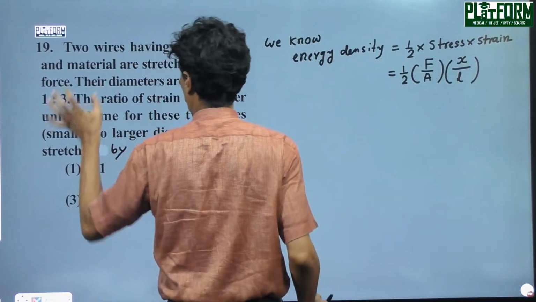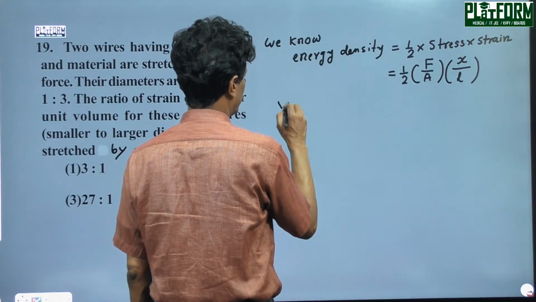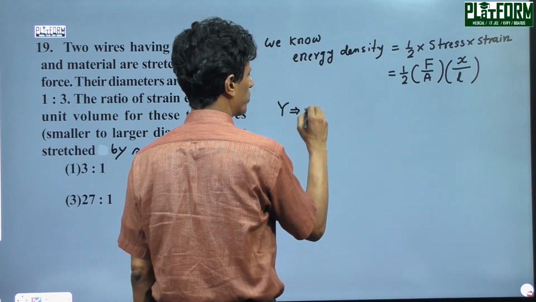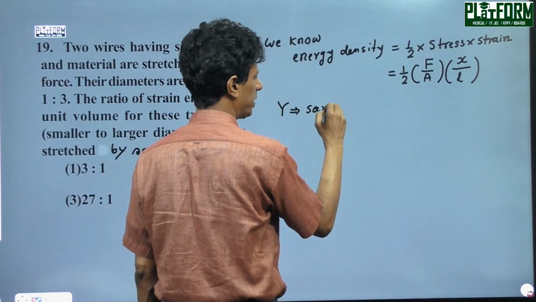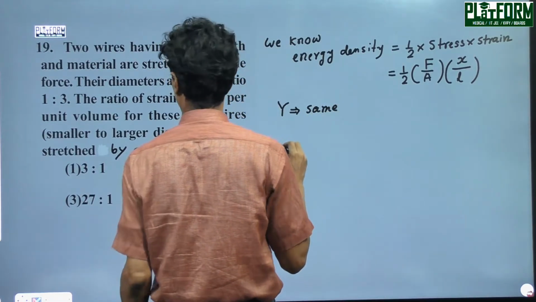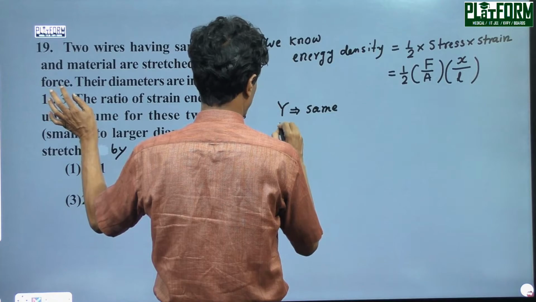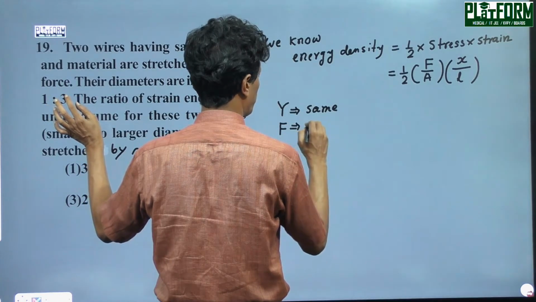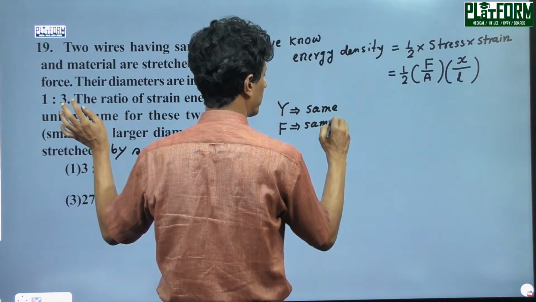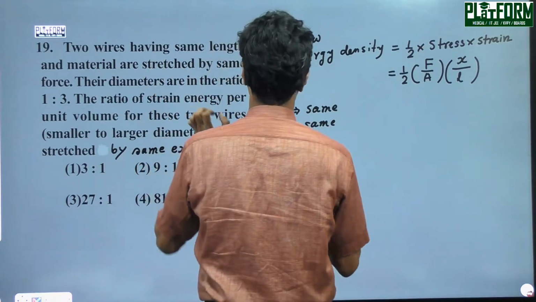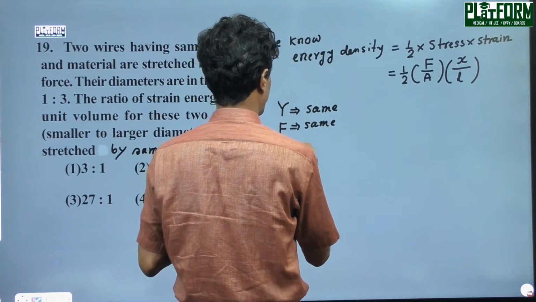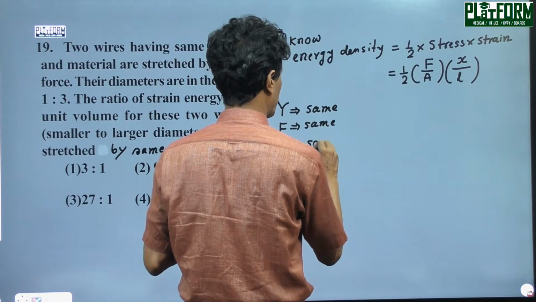In this problem, the material Y is the same for both. Force is also the same for both wires. Actual length is also the same for both wires.